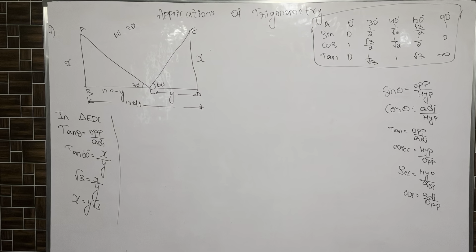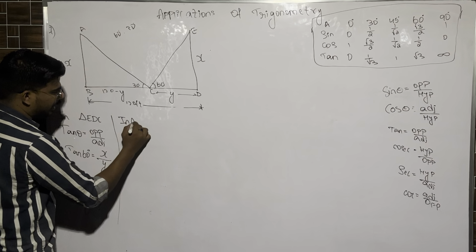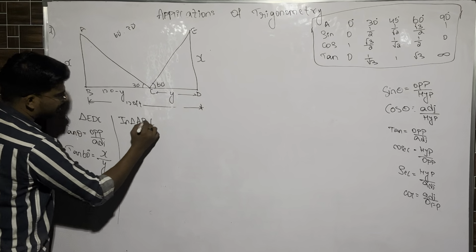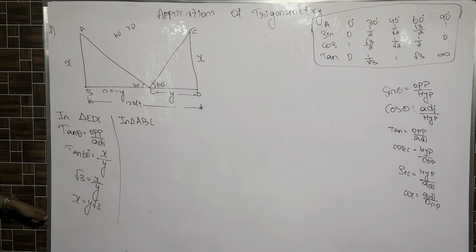Let us go to the other triangle, ABC. With respect to 30 degrees, one side is opposite, the other side is adjacent. Opposite by adjacent is again tan theta.